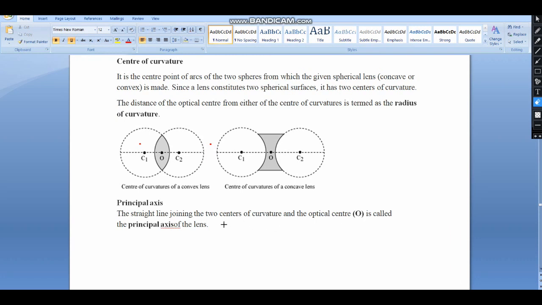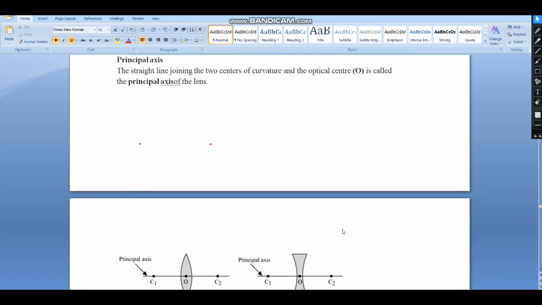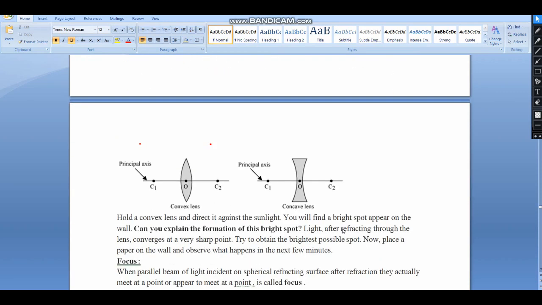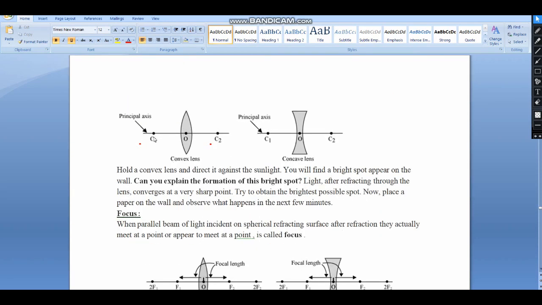Or you can say the straight line joining the two centers of curvature through the optical center is called the principal axis. Here, center of curvature first and center of curvature second, and the optical center, are joined by this line, which is called the principal axis. In the same way, this one is the principal axis for a concave lens.